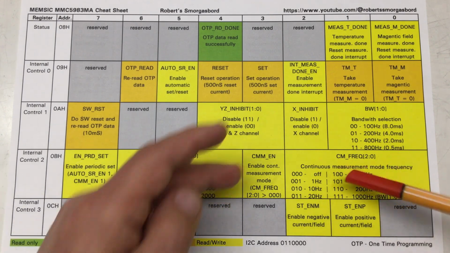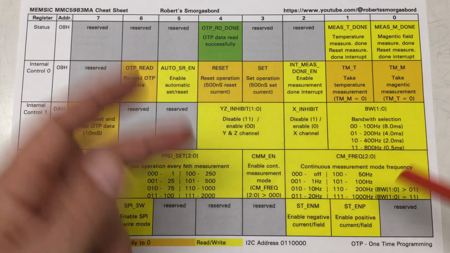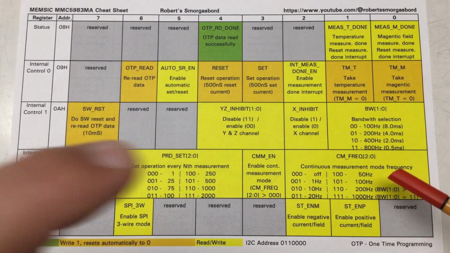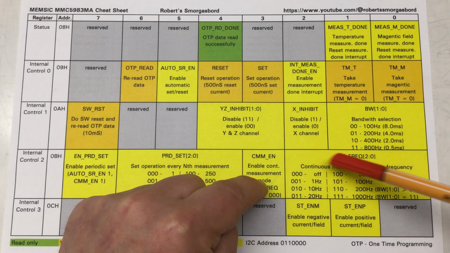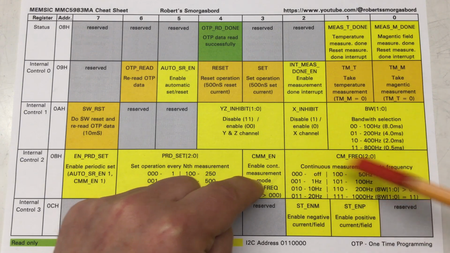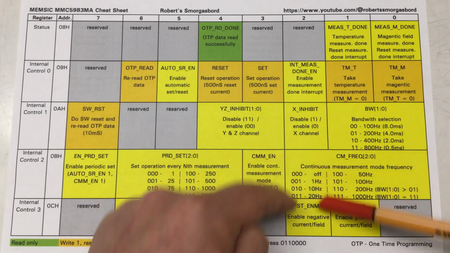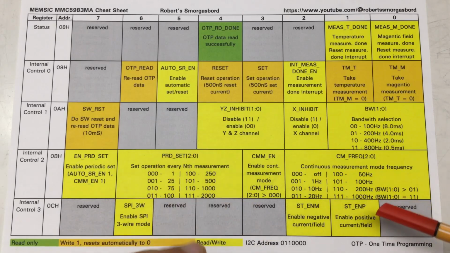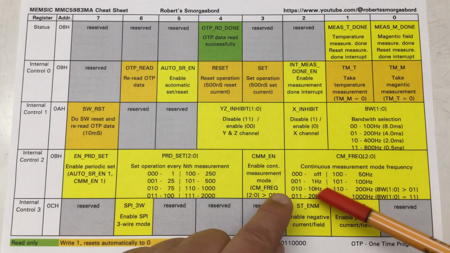The thing is, these 4 bits are kind of coupled. I can't see any application where you would enable continuous measurement mode but set the continuous measurement mode frequency to 0, or vice versa, choose a continuous measurement frequency between 1 and 1 kilohertz but disable continuous measurement mode.